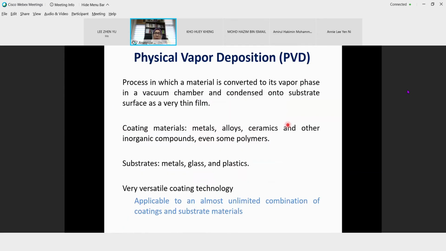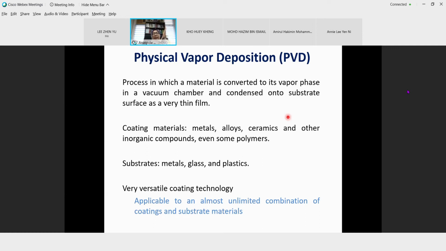Okay, so we go to another method which we call physical vapor deposition. The concept is that the material is converted to vapor phase, and once vaporized, the vapor will condense on the part that you are going to coat.